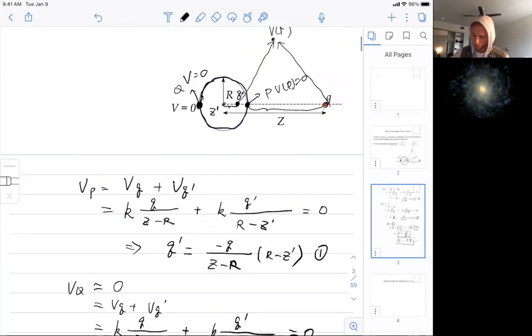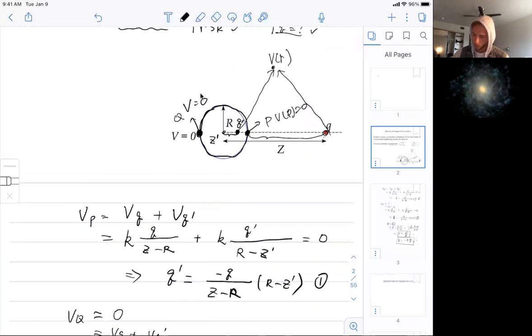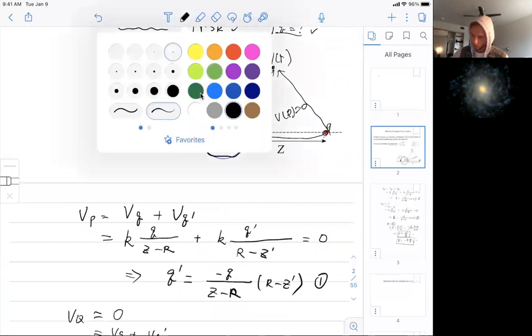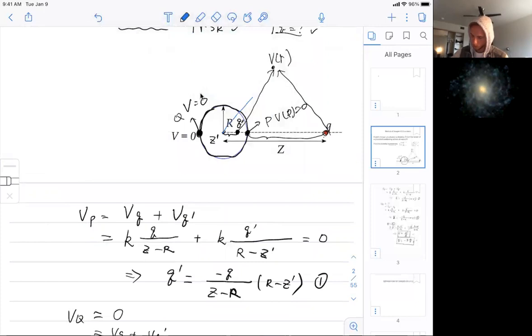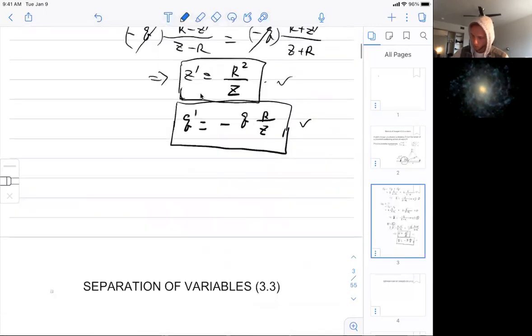If you're curious to find the potential at a location R away, at angle theta for example, what is the potential at that random location?